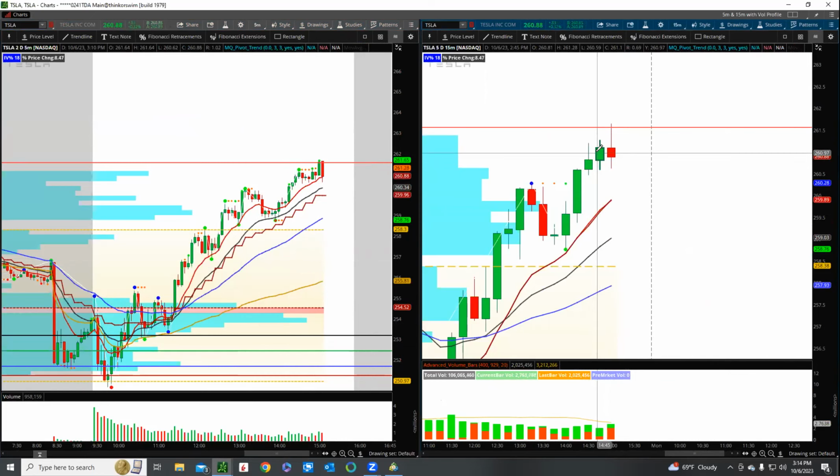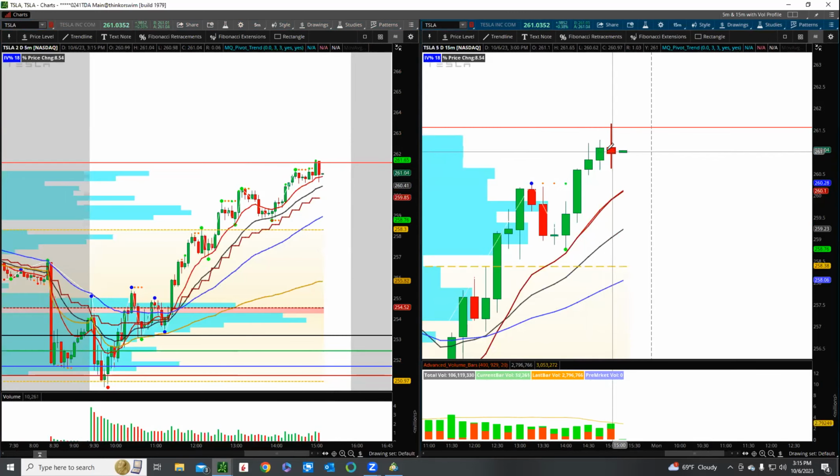I'm thinking that going short is the right move here. That's what I've been waiting for and looking for. But I also don't want to get caught in a trap. I'm looking for some type of a signal here, and we're not getting a close below the previous 15-minute candle.